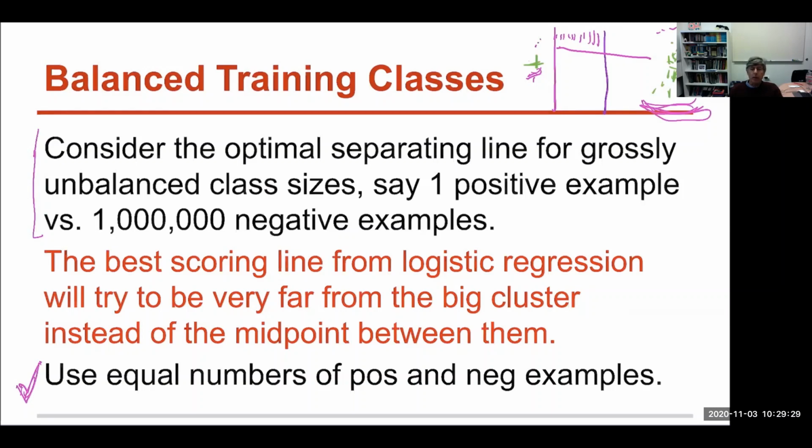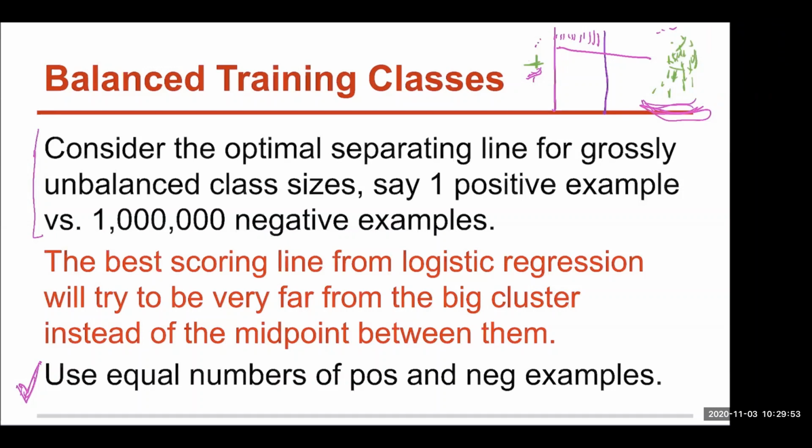Why don't we sometimes have the same number of positive and negative examples? Okay. Why might we have an unbalanced class situation? Well, often it may, yeah. If there's sickness, right? Like not everyone is sick, we assume.